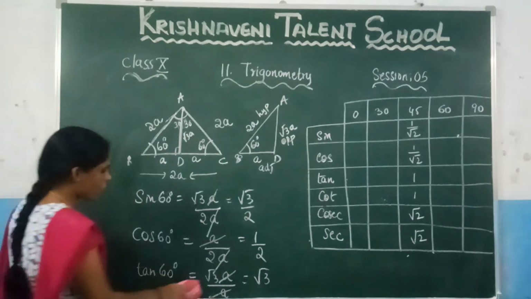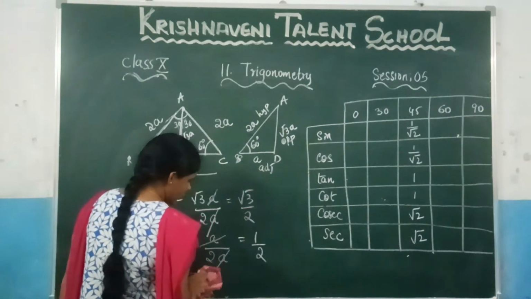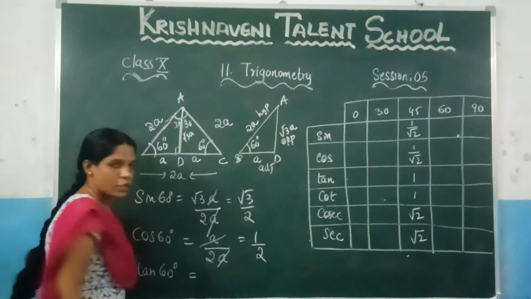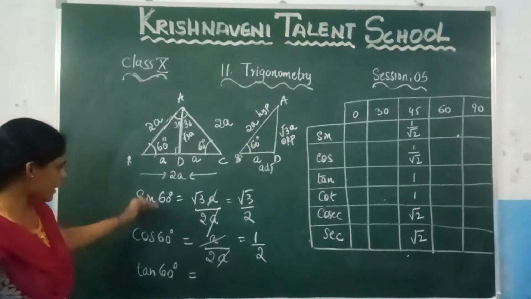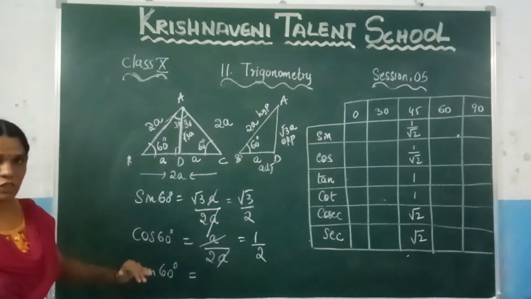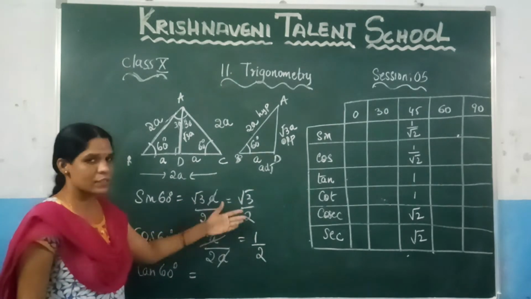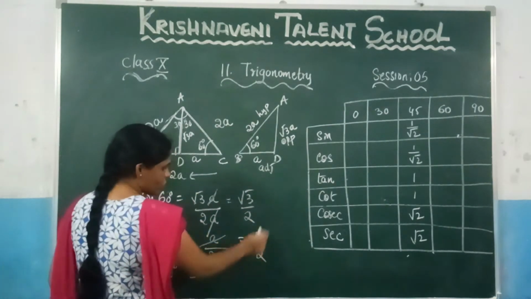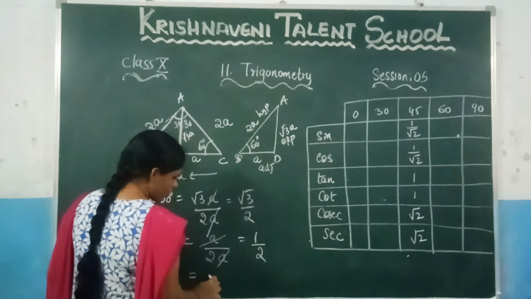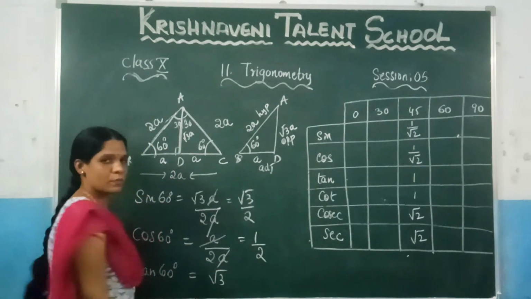If you want to find it like that, let us see. You know that if you divide sine and cos, you will get tan. What is the formula for tan theta? Sine theta by cos theta. So let us divide these two. The 2s will get cancelled and you will be left with root 3 by 1, which is nothing but root 3.